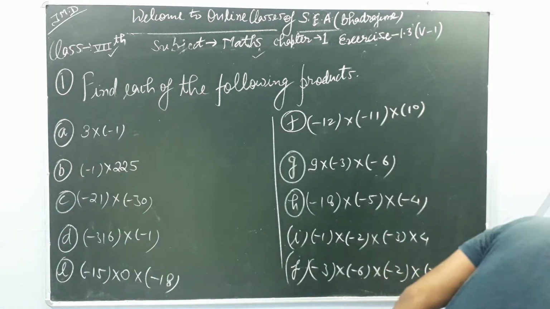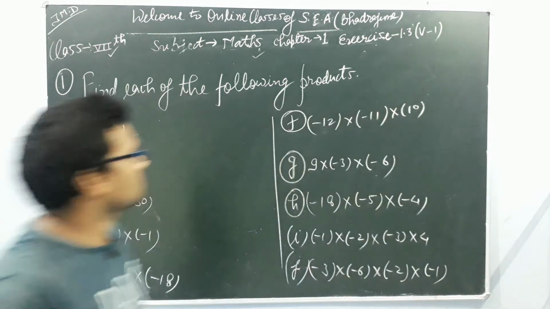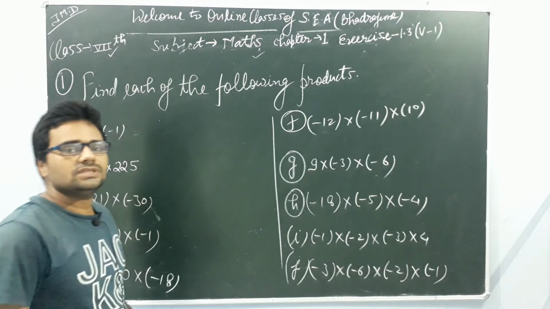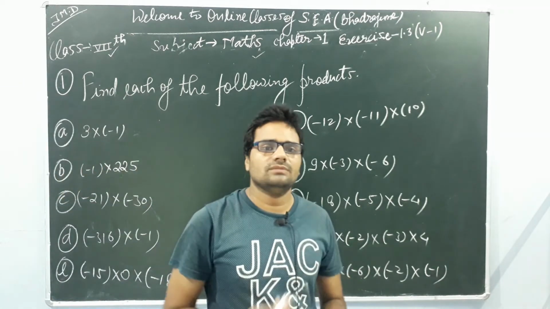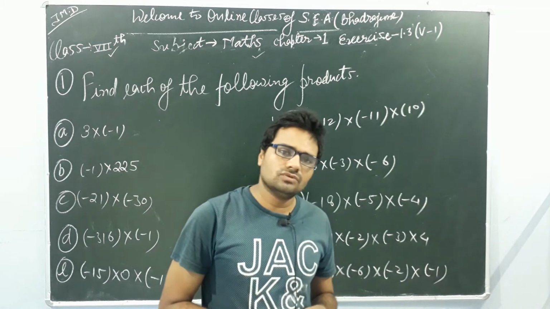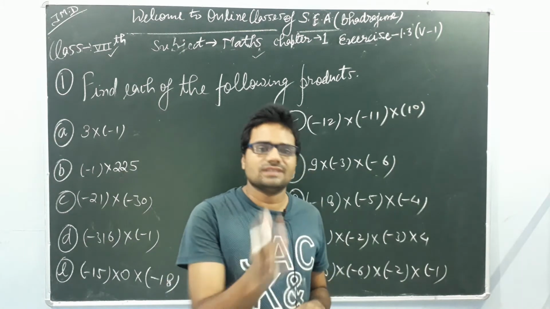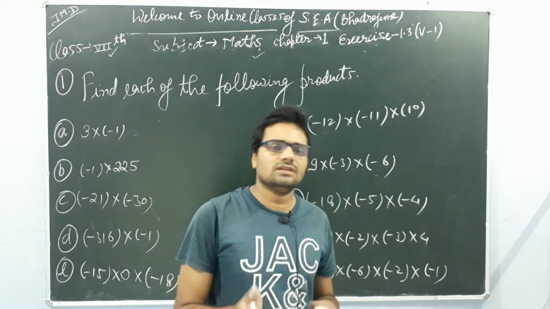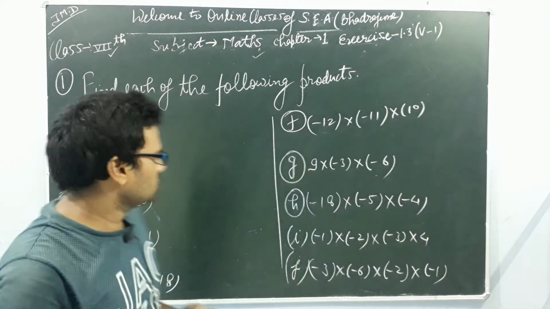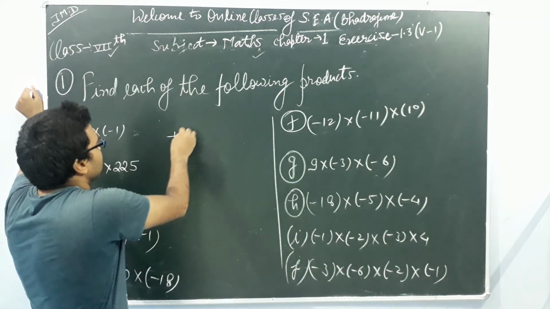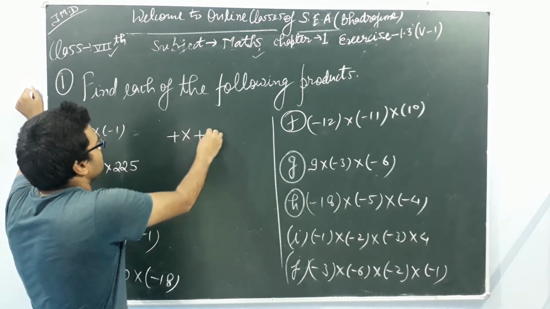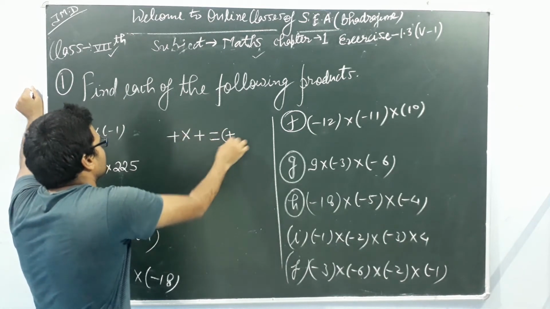So we will start with a basic rule: whenever we start to multiply, first we have to multiply the given signs, and after that the numbers. If we multiply two like signs, plus with plus, we definitely get a plus.